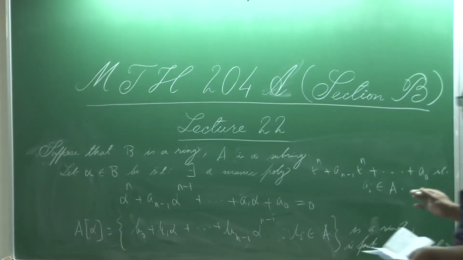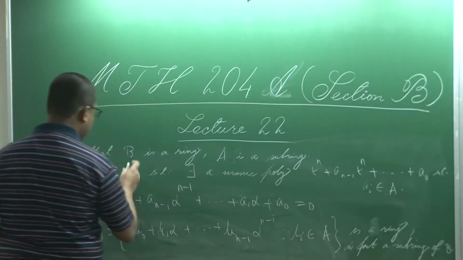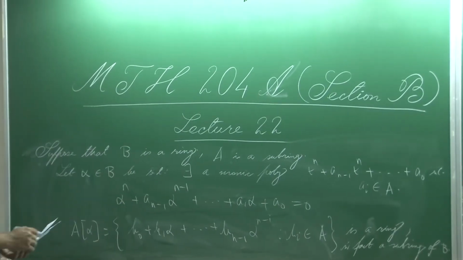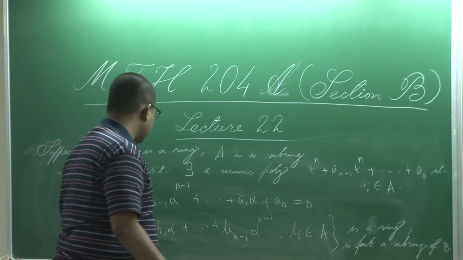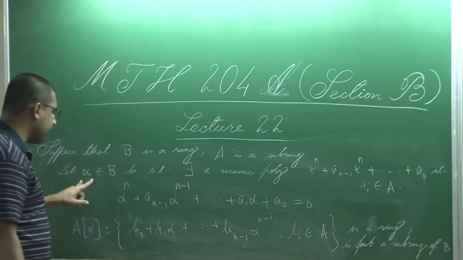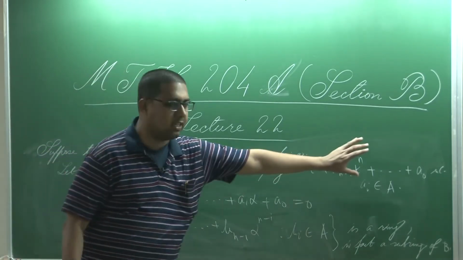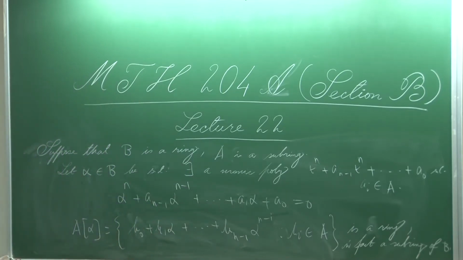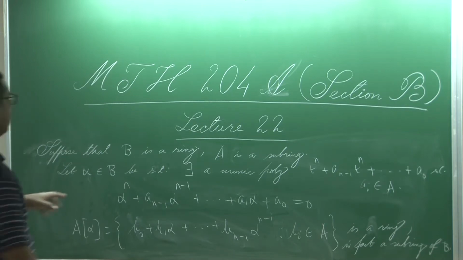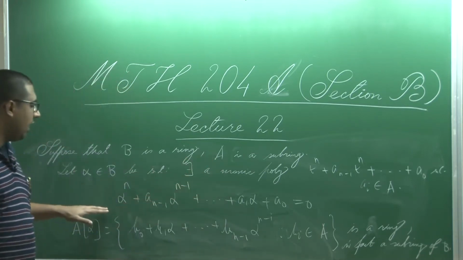Here I will just mention the nomenclature, and I will come back to it later on. Suppose we have a ring and a subring, and an element alpha satisfies this condition, that is, there is a monic polynomial with coefficients from the smaller ring having alpha as a root.